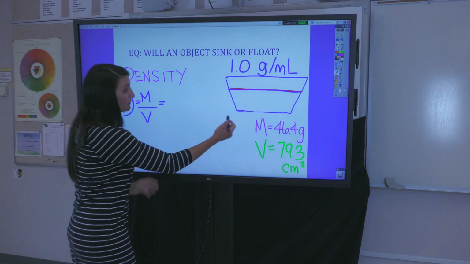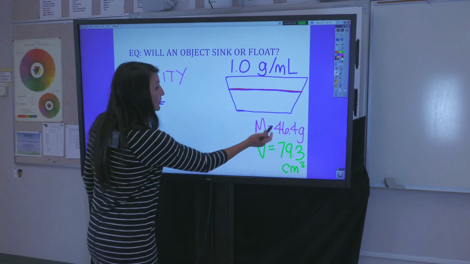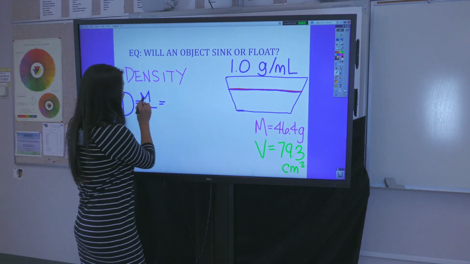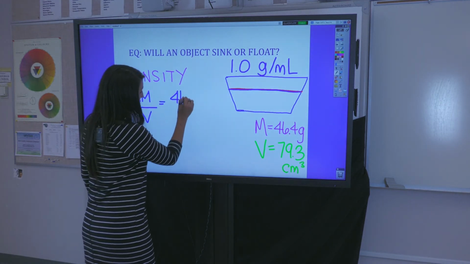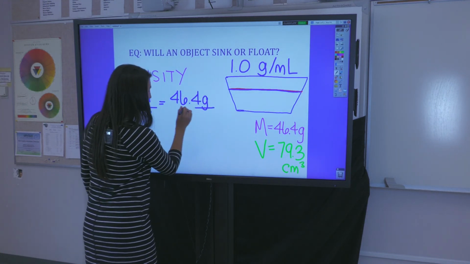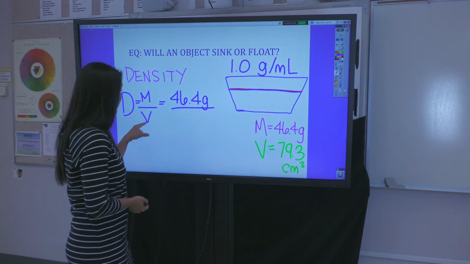Perhaps not correlated to density, but you've done something similar. So what we're going to do for our block 8A, as I had it labeled, we're going to take our mass, so 46.4 grams, and substitute it in our top part of our fraction for mass. Okay, and we're going to get our fraction line there. And I hope you're already thinking, hey, Miss Woods, I know what to do next.